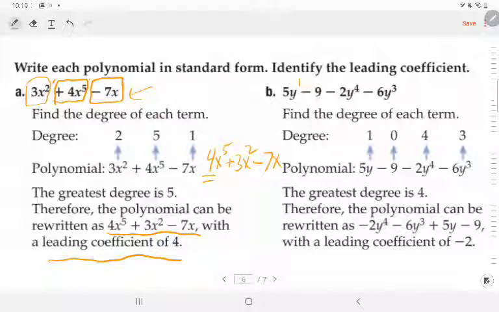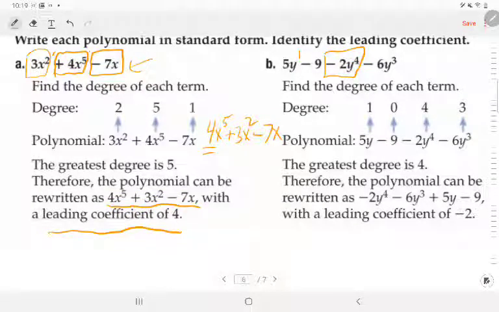So we're going to start off with, again, remember the sign in front of it goes with it, so negative 2y to the 4th. Then we have a 3 as the next, and again, it's minus 6y cubed. Then we have the 5y, and there's no sign in front of it, so it'd be plus 5y. And then we follow it up with our constant of negative 9. Okay? And then what is our leading coefficient? It would be negative 2. All right.